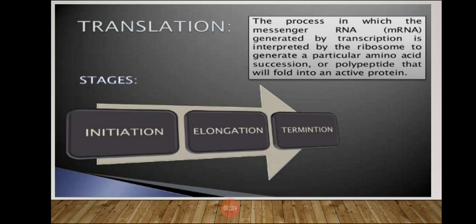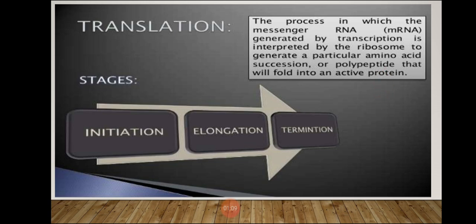There are 3 stages in translation: initiation, elongation and termination. Before starting, let us revise the definition of translation. It is the process in which the messenger RNA generated by transcription is interpreted by the ribosomes to generate a particular amino acid succession or polypeptide that will fold into an active protein.